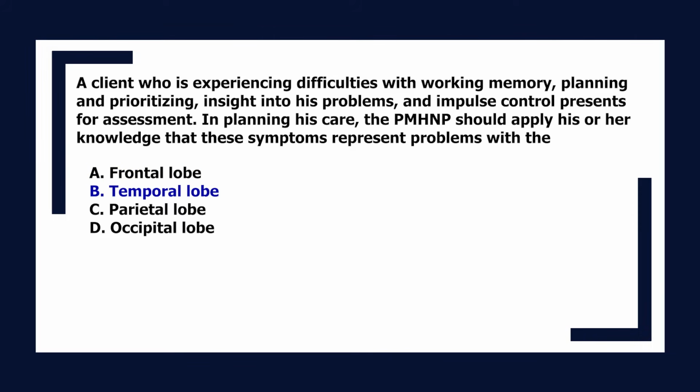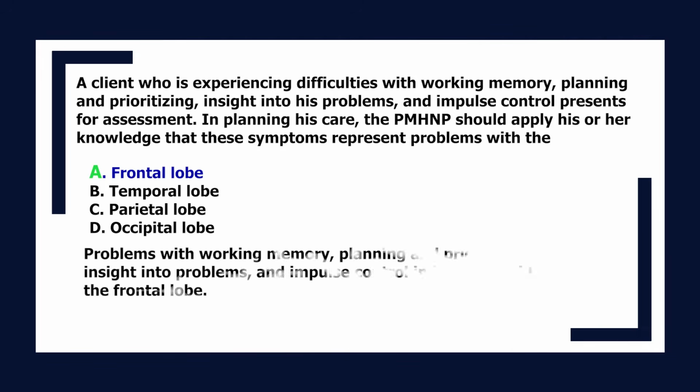B. Temporal lobe. C. Parietal lobe. D. Occipital lobe. The correct answer is A. Frontal lobe. Problems with working memory, planning and prioritizing, insight into problems, and impulse control indicate a problem in the frontal lobe.